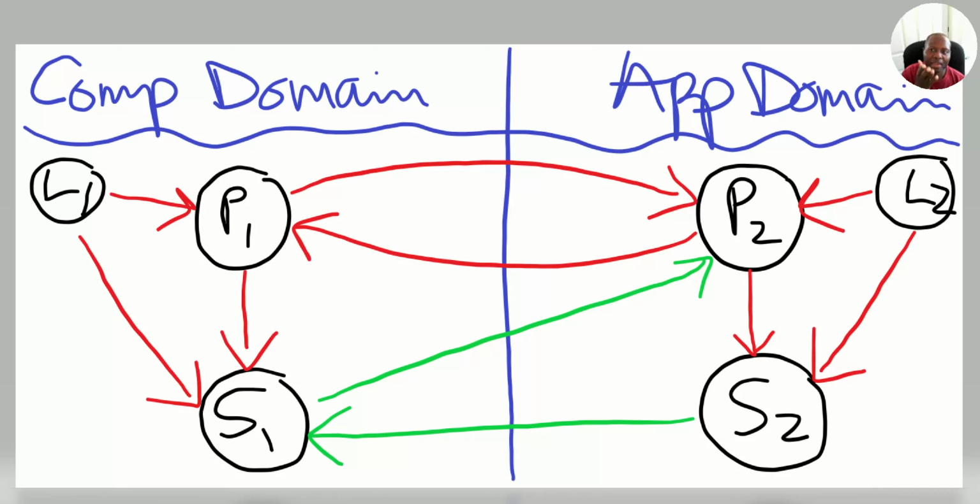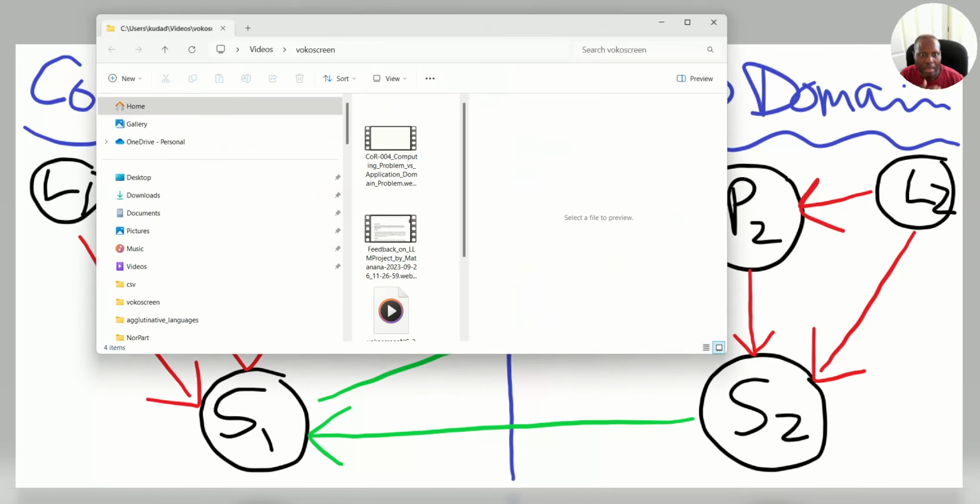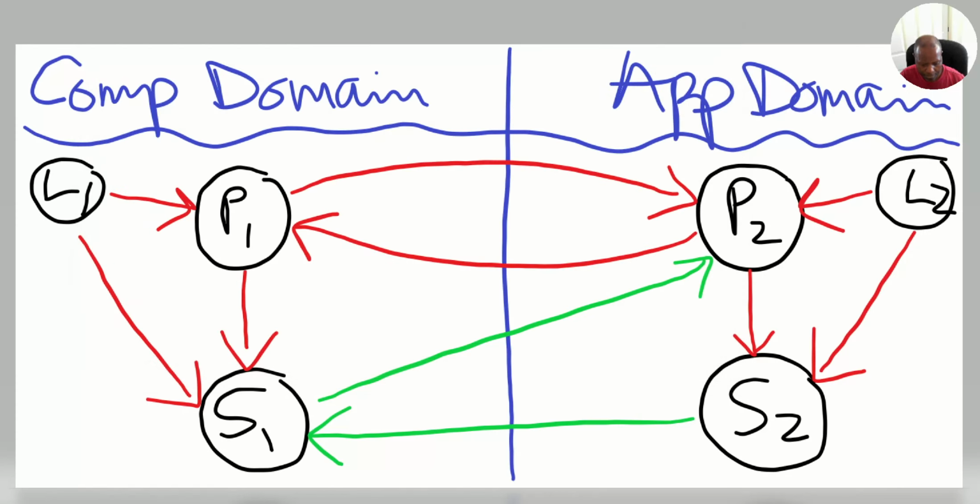So in a way, X is P1 and Y is S1, what you will be able to do when you now get S1. Z will be, of course, the application domain, which means it will be P2, so that you'll be able to solve problems such as P2.